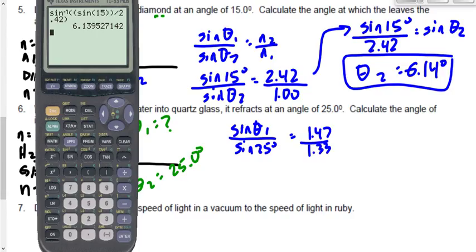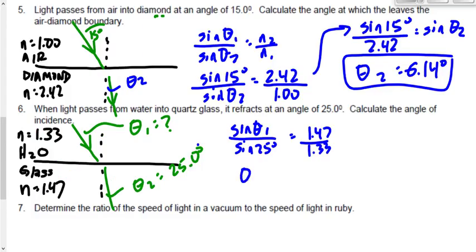So let's say 1.47 divided by 1.33. Now let's multiply that whole thing by sine 25, and now let's take the inverse sine of that. And we get 27.8 degrees.